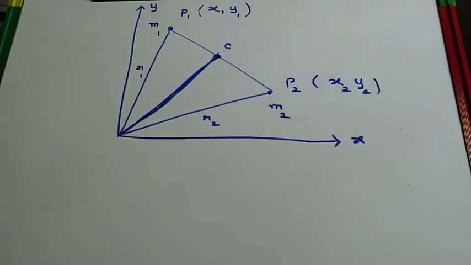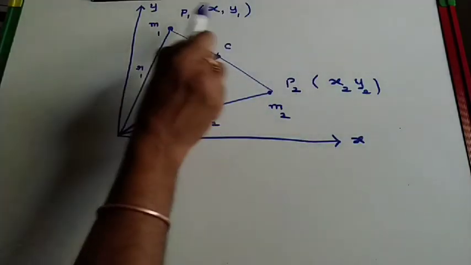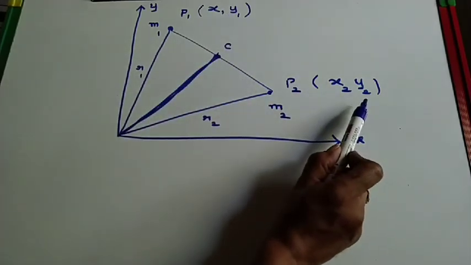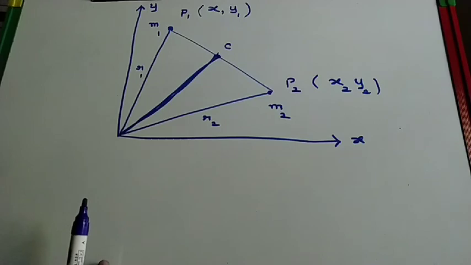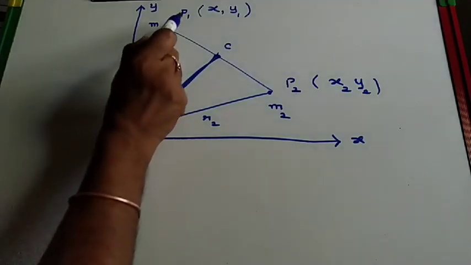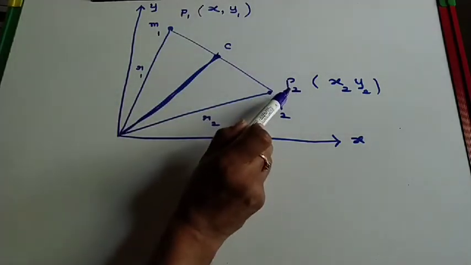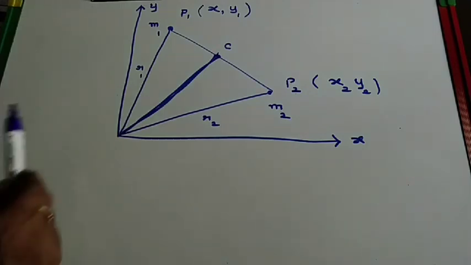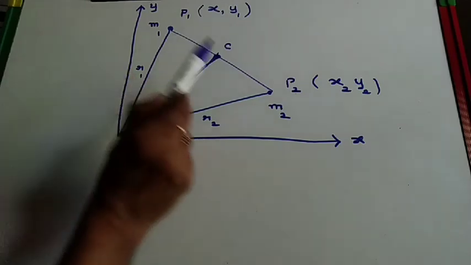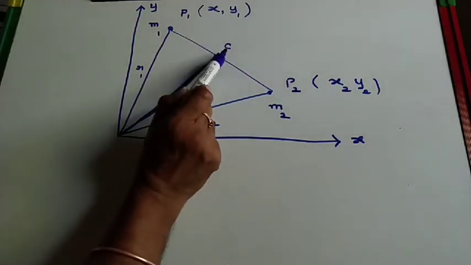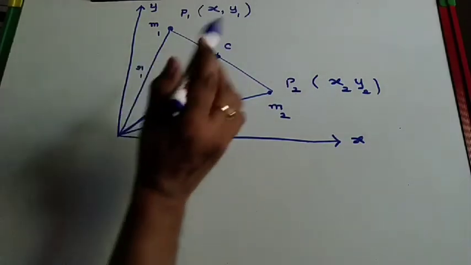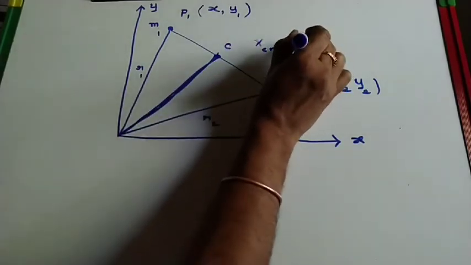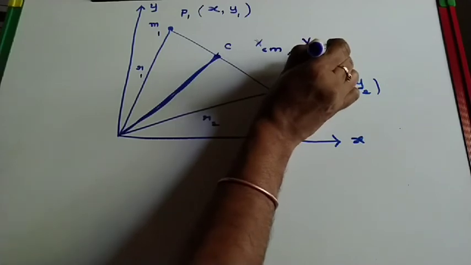Now if x1, y1 and x2, y2 are the coordinates of the locations of two particles P1 and P2, the coordinates of their center of mass C are given by xcm, ycm.